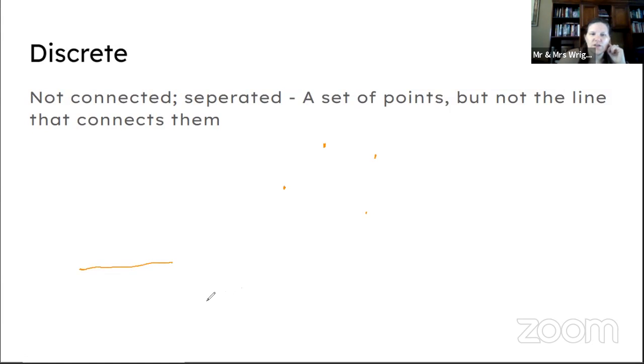Sometimes it can be 2 separate rays. Remember, a ray has an endpoint and then continues on forever and ever in one direction. So in this graph, we have a point, a ray that starts here and continues to the left forever, and then one that starts at the same point but continues to the upper right forever and ever. So those could also be discrete.